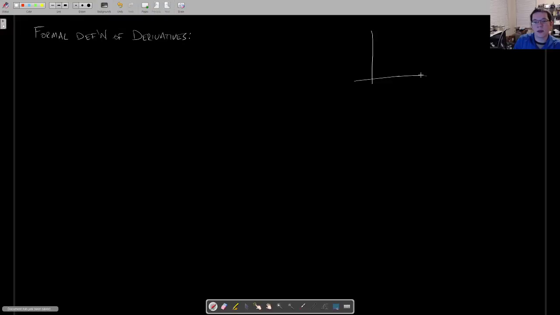Conceptually, if we have a function and we want to know what the slope of the tangent line is at a given point, then we take the derivative to get the slope.